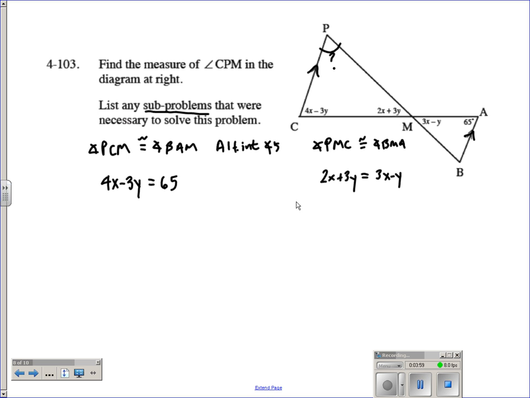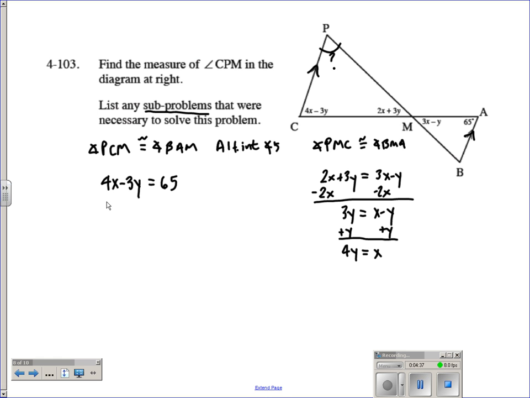All right, here we go. I'm going to solve this system using substitution. If I can isolate an x or a y over here, that would be just fine. I'm going to subtract 2x from each side. Now we've got 3y is equal to x minus y. We add a y to each side, and we end up with 4y equal to x.